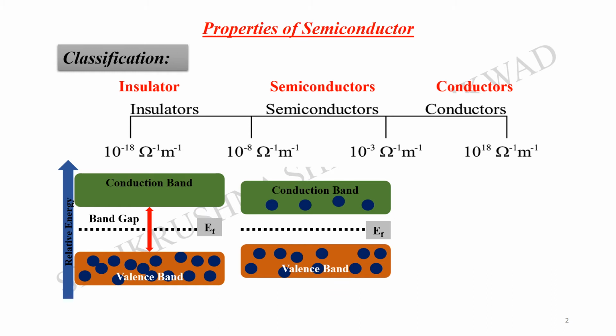So the physical quantity, band gap, remains the same here, but quantitatively the difference is smaller. Its conductivity lies over a very wide order: if we go from 10 to the minus 18 to 10 to the plus 18, that becomes 10 raised to 36 at the highest.